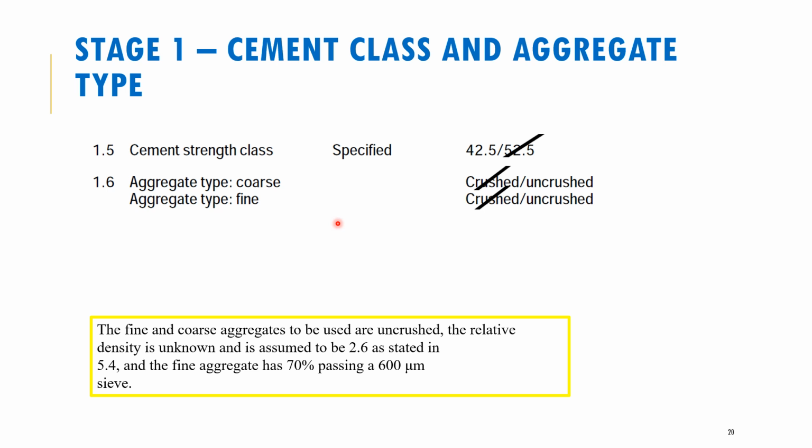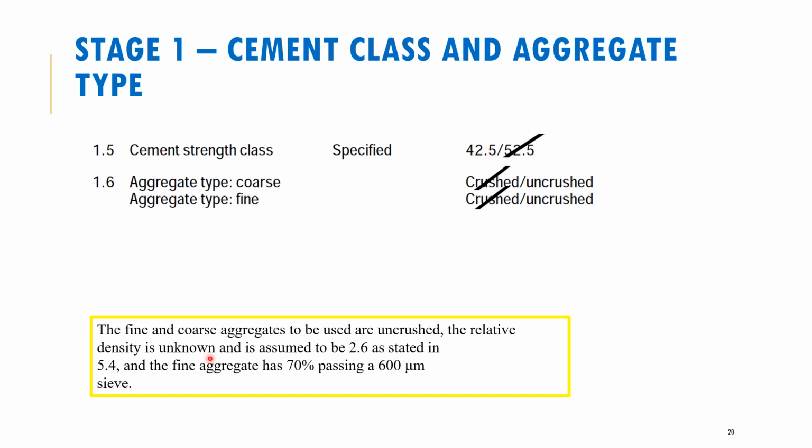Now to do that, we need to follow steps 1.5 and 1.6. Step 1.5 requires us to determine what the cement strength class is, and this is specified already by the client as 42.5.